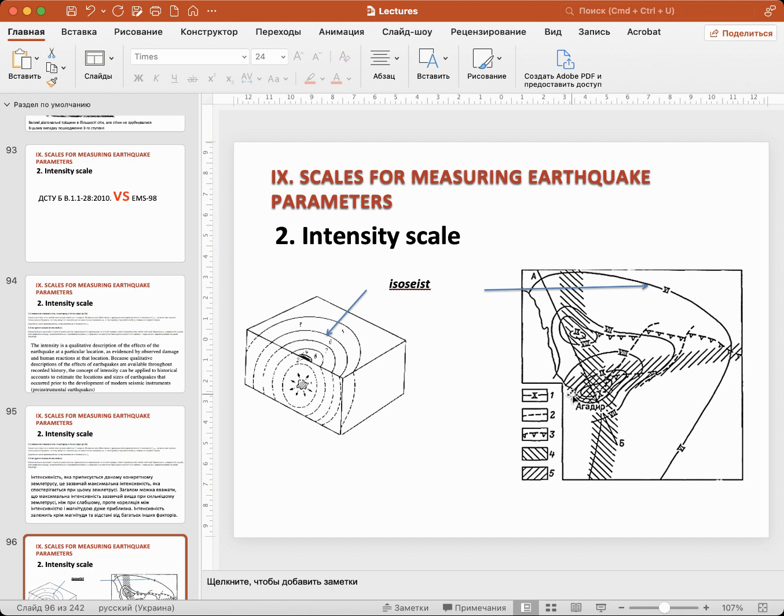Then we found some buildings that have intensity 9, intensity 8, intensity 7, etc. And only when we have defined those consequences, we connect those destroyed buildings with a line called an isoseist, and that isoseist shows us the distribution of seismic waves in certain locations.